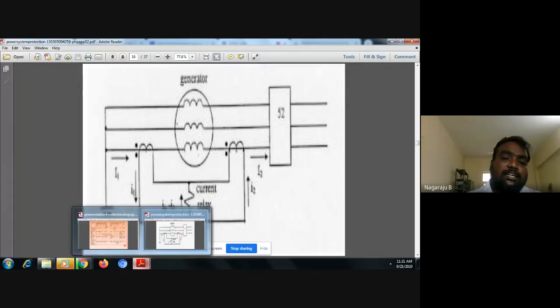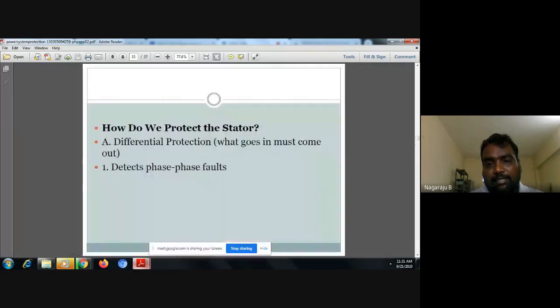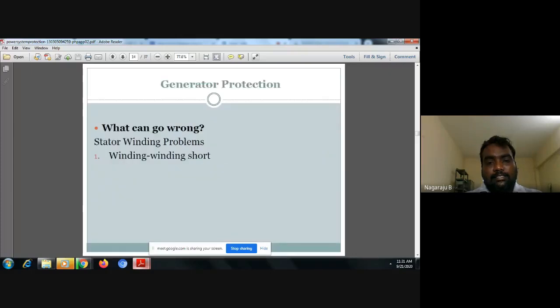With potential relays you can prevent the faulty conditions and eliminate them to protect the generator. Okay, and next is what can go wrong.